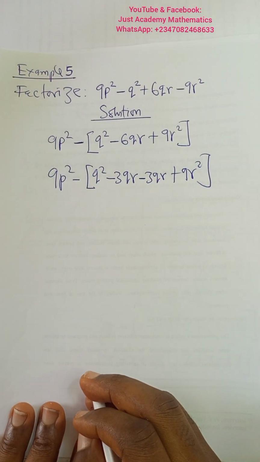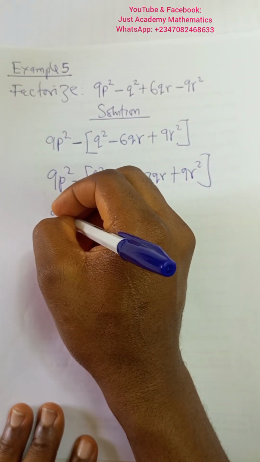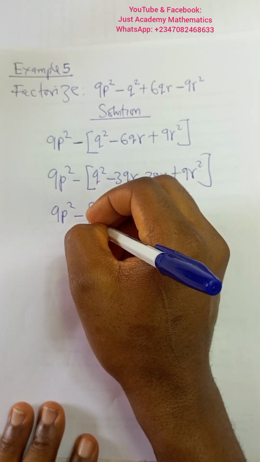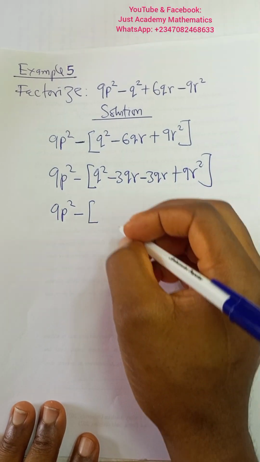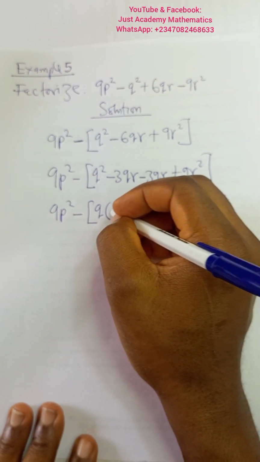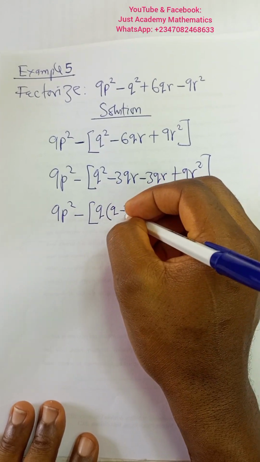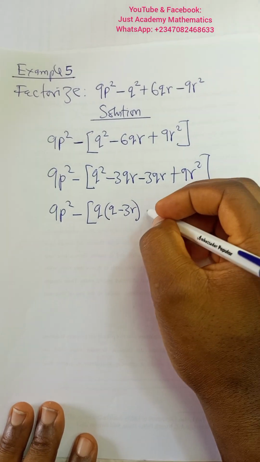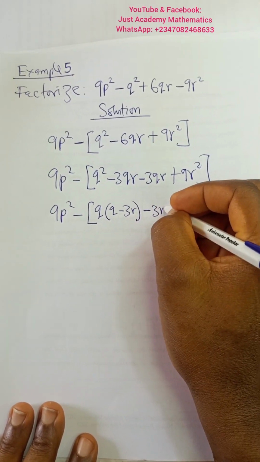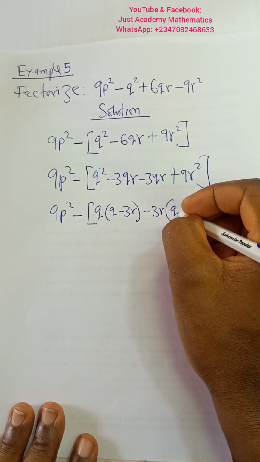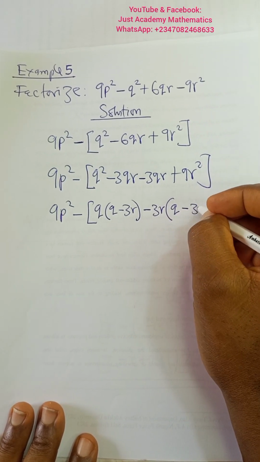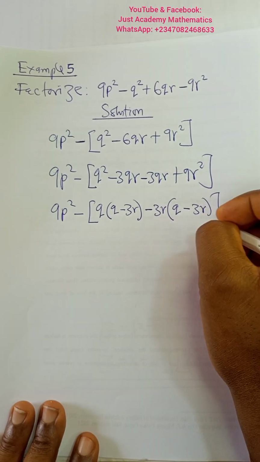Can you see that now? So we have 9p square minus, in this first pair, what is common? q. q outside, what will remain? q minus 3r. In this second pair, what is common? Minus 3r. What will remain? q minus 3r will remain.